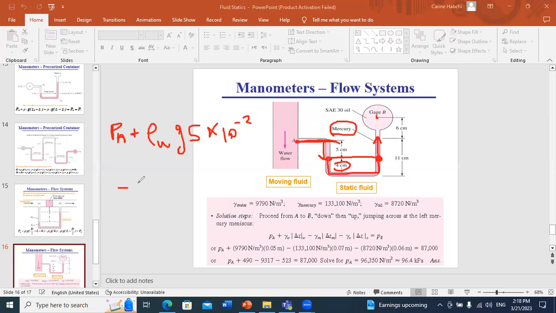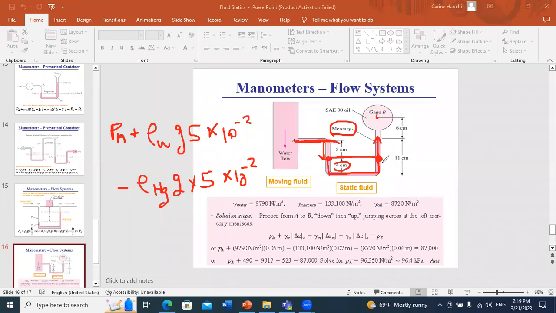So minus rho mercury (Hg) times G times the distance, which is also 5 centimeters, so times 5 times 10 to the minus 2. Okay, I am done now. I reached this point.